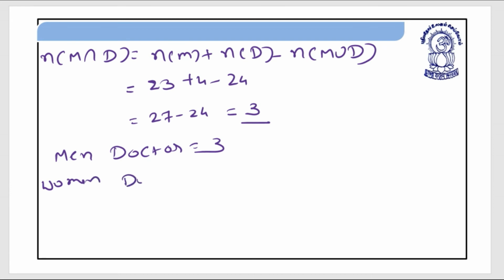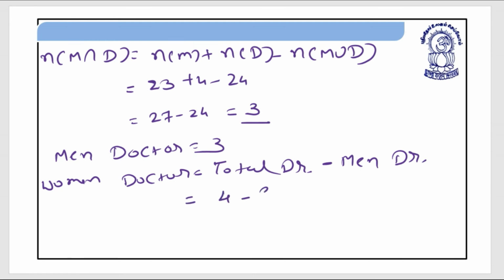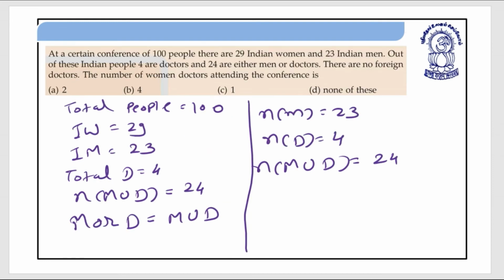Woman doctor is equal to total doctor minus men doctor. Total doctor 4 minus 3 is equal to 1. So option C is the right answer.